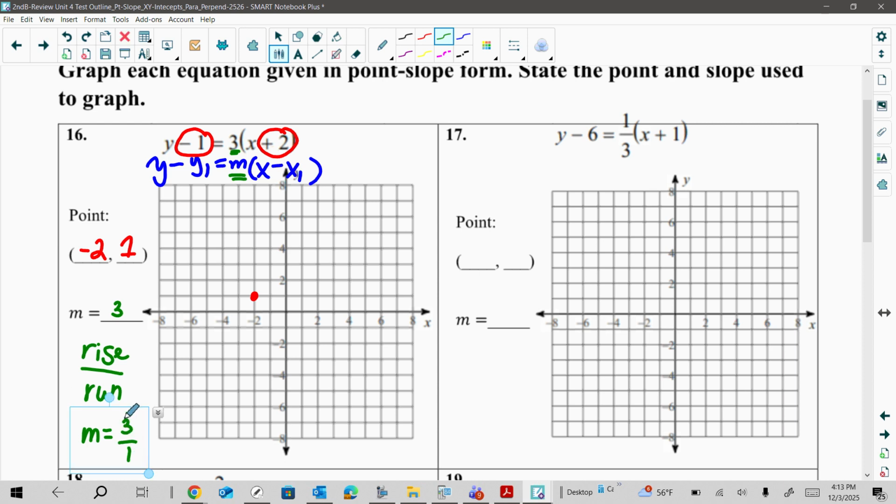Write it out always as a fraction so we can count the rise over run. That's positive 3, so that's up 3 and to the right 1. So you count up 3, to the right 1, plot the point, and repeat that. We can't repeat, we're off the graph, so I can go in the reverse direction, down 3 to the left 1.